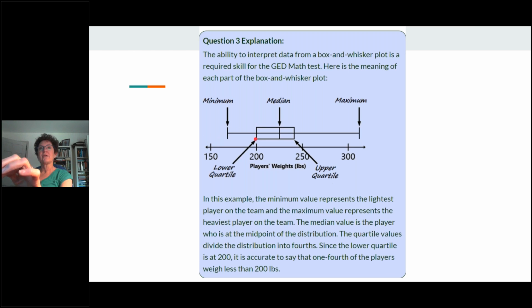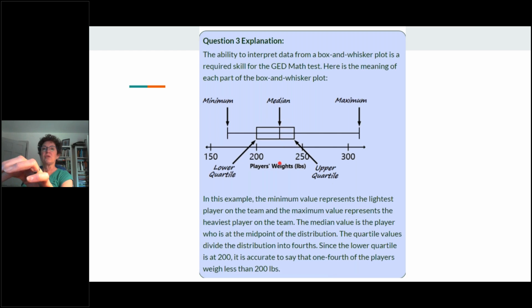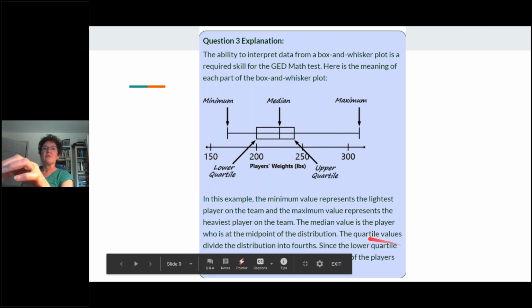Minimum, lower quartile, median, upper quartile, maximum. And it says the minimum value represents the lightest player, the maximum value represents the heaviest player, the median value is a player who is at the midpoint of the distribution, and the quartile values divide the distribution into fourths.